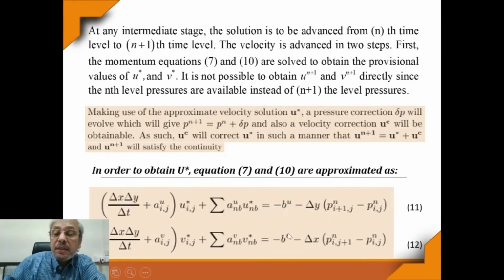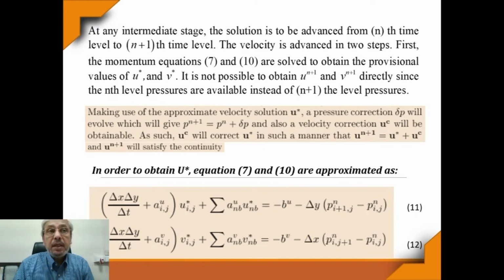And what is the approximation? We write pressure at nth level. If we write pressure at nth level, then we can do the calculation, but these u and v velocities will not be exactly at n plus 1th level.